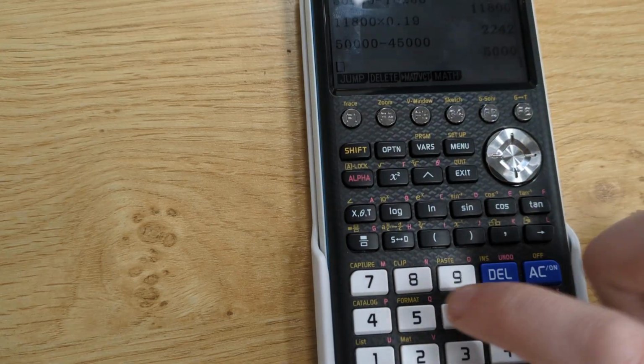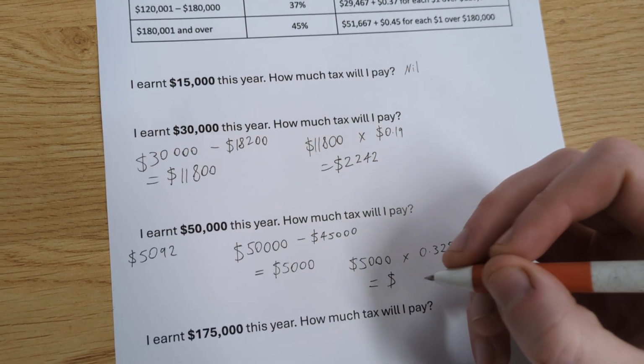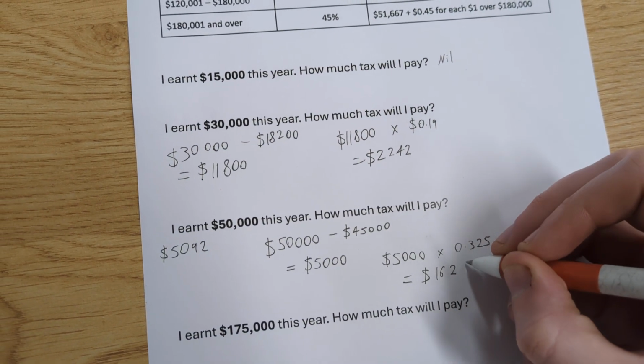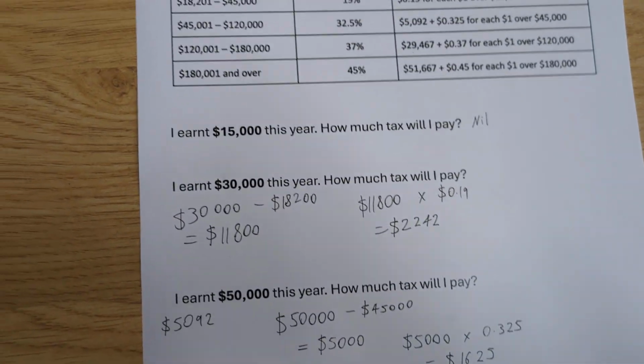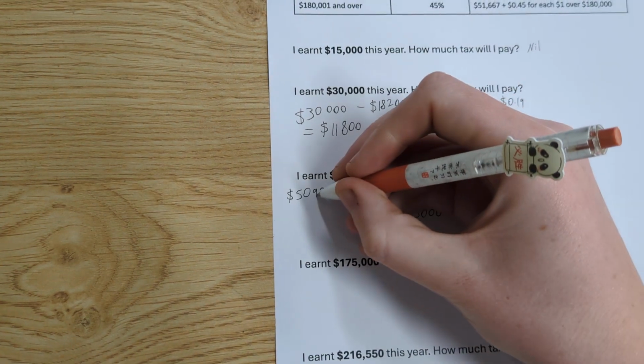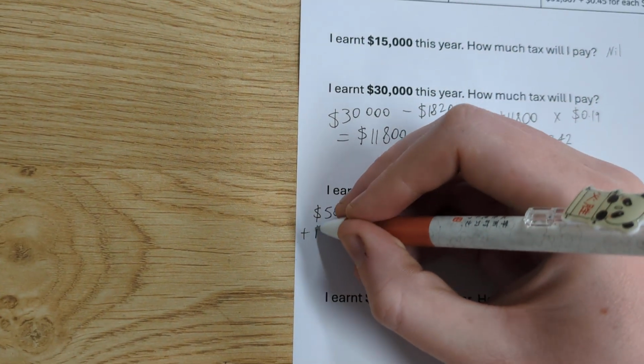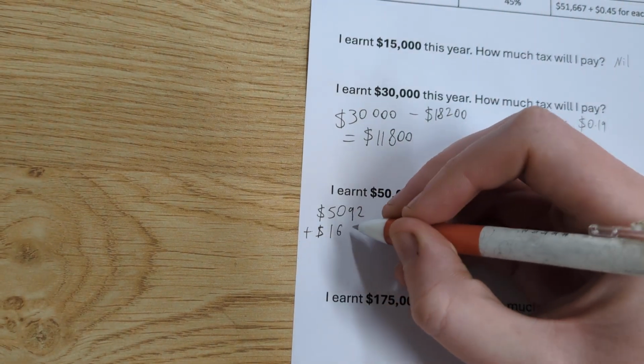Let's pop this one into our calculators. 1,625. Now that's not the end of that. Do you remember this 5,092 we popped over here? We need to add that on. 1,625.